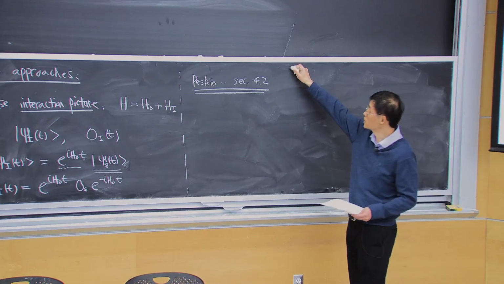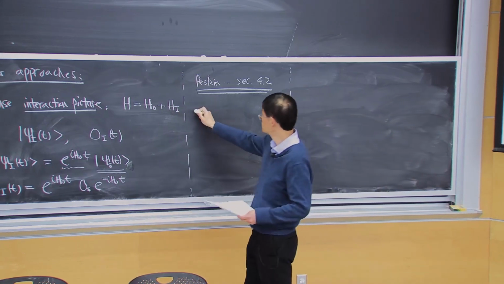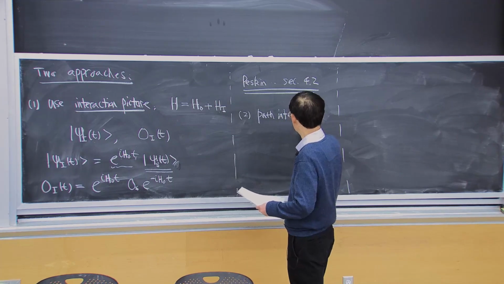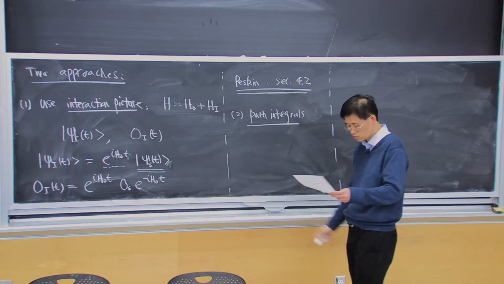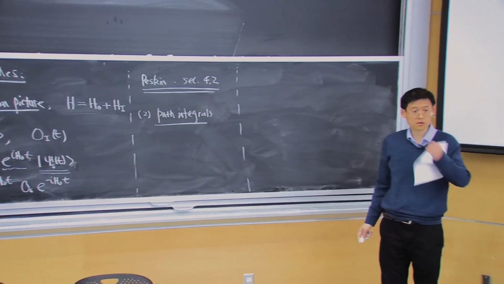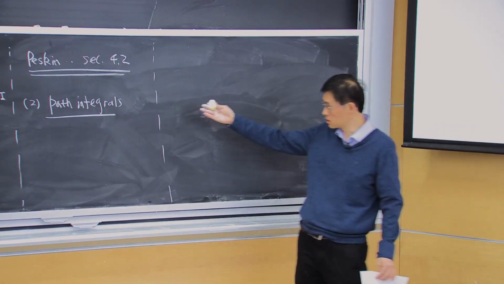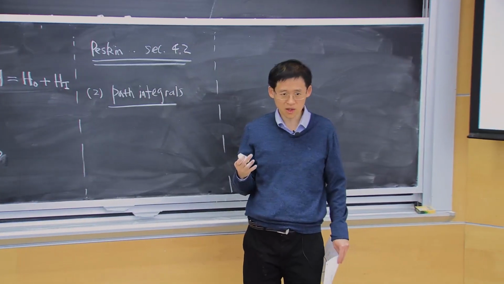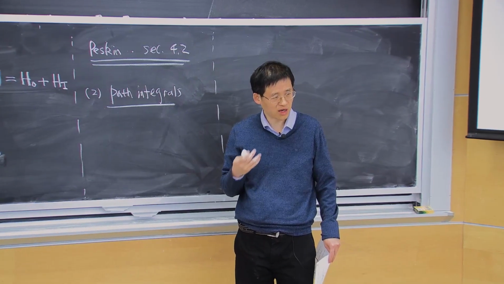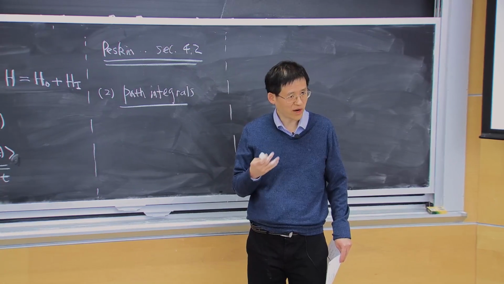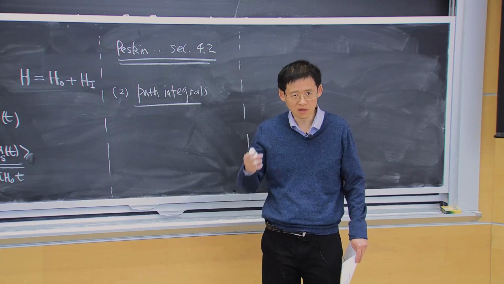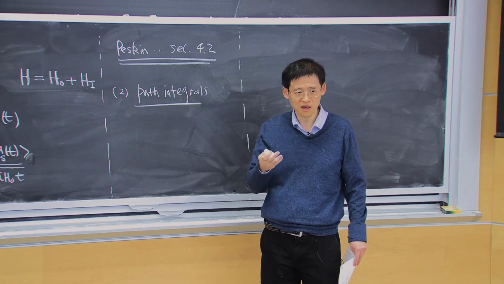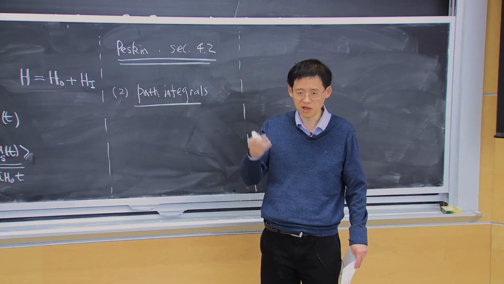The second approach is to use the path integral. In my own opinion, path integrals have a lot of advantages over the interaction picture. When you do the interaction picture, you get the feeling you're doing some very clever tricks, and you don't know why you want to do them. Somehow you get nice formulas, but you feel you're doing some kind of magic.